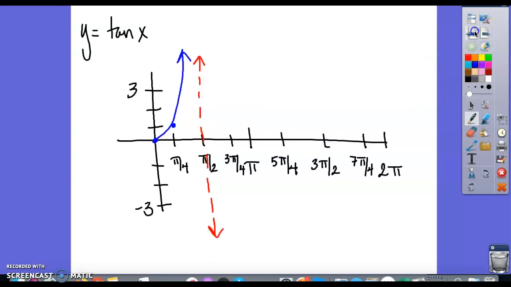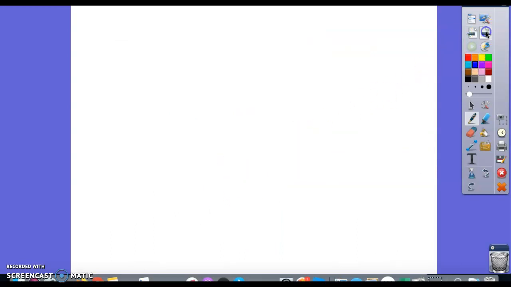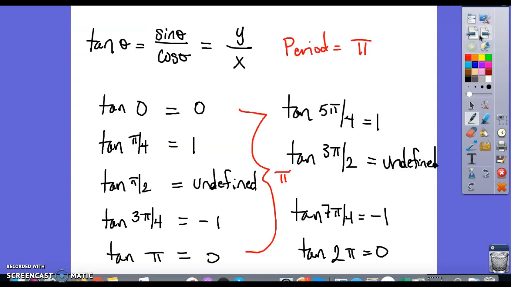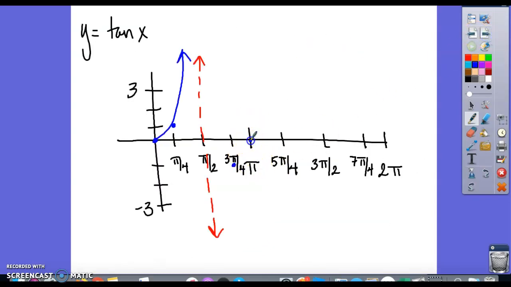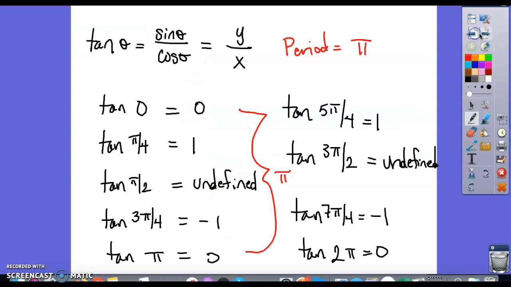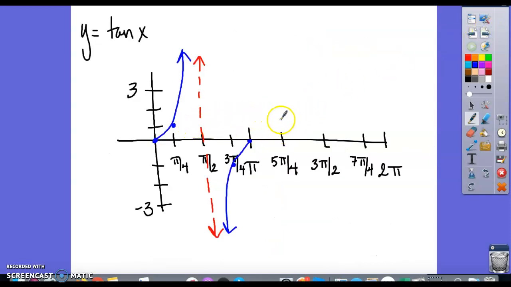Okay, the tangent of 3 pi over 4 is -1. And the tangent of pi is 0. So there's 1 pi of that, or 1 period of that graph. Okay, the tangent at 5 pi over 4 is +1.